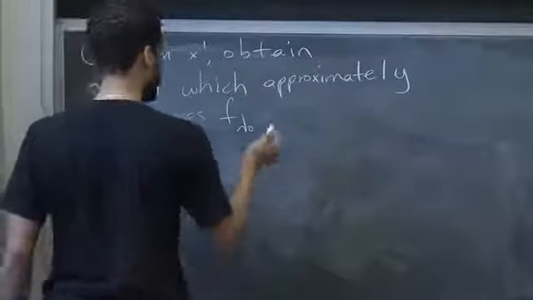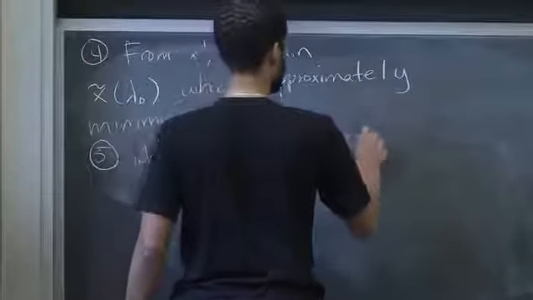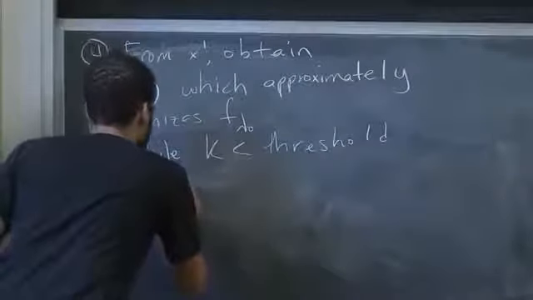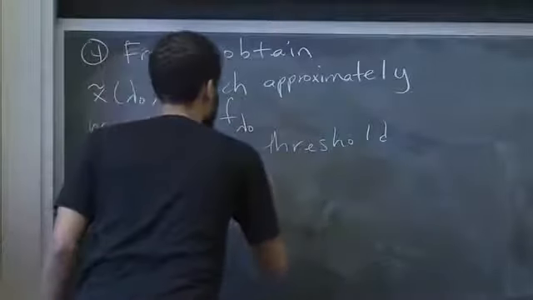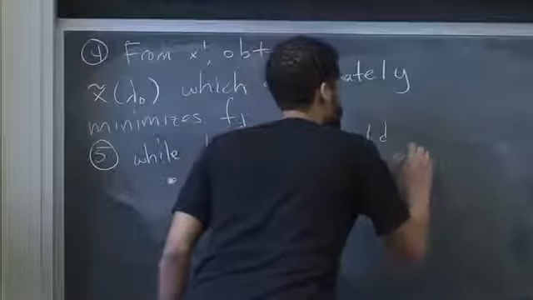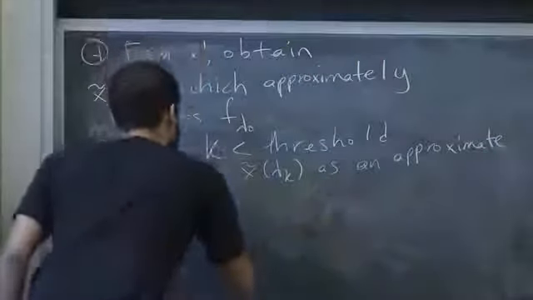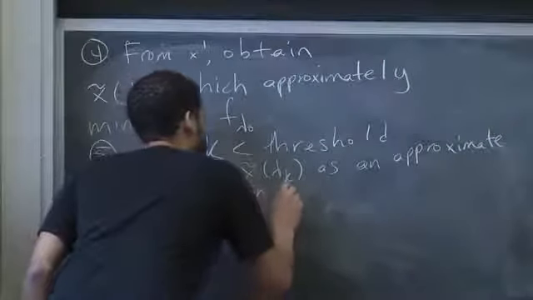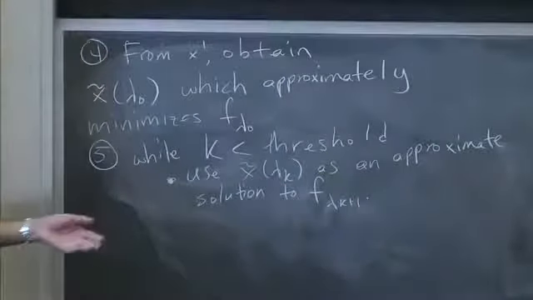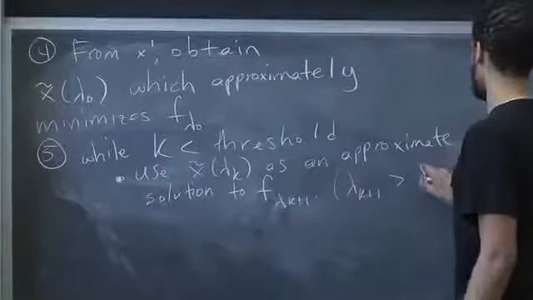While k is smaller than some threshold, which we'll see in the analysis, use x tilde of lambda k as an approximate solution to f lambda k plus 1. So lambda k plus 1 is going to be something slightly bigger than lambda k.